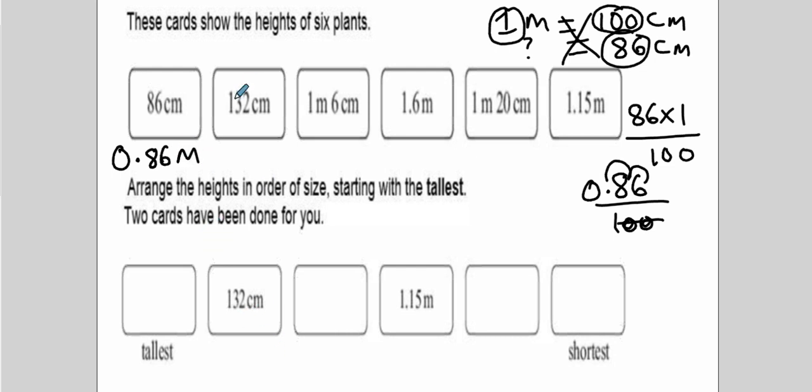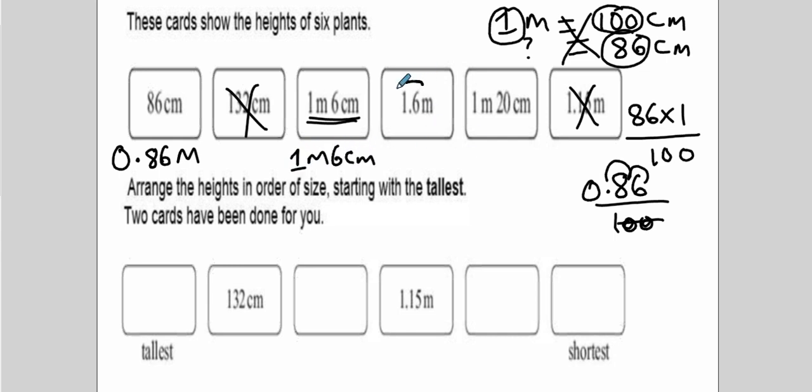Okay, 132 centimeters, this is done. And 1.15 is done. So what is remaining is this one. This we know is 0.86 meters, but this will remain the same, it's 1 meter 6 centimeters.